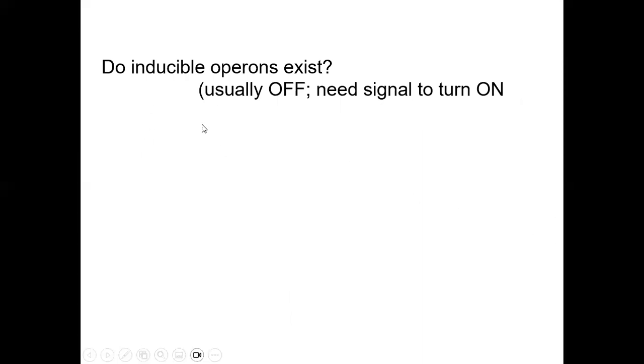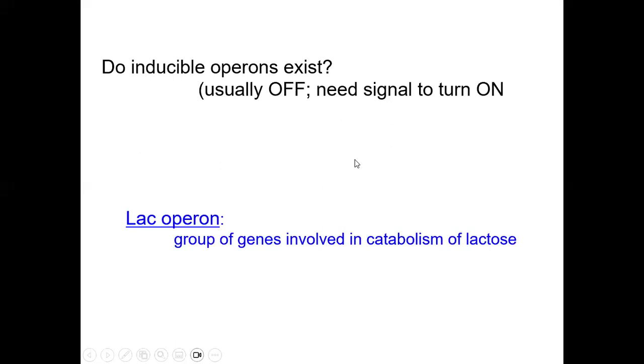Such operons, which are induced by some kind of signal or which express the genes in the presence of a signal, are known as inducible operons. The lactose operon contains genes that are required for utilization or catabolism of lactose.